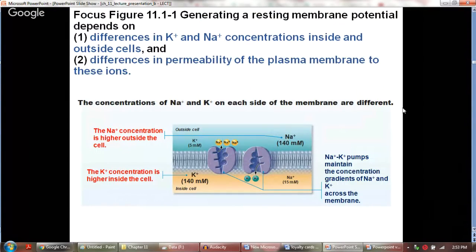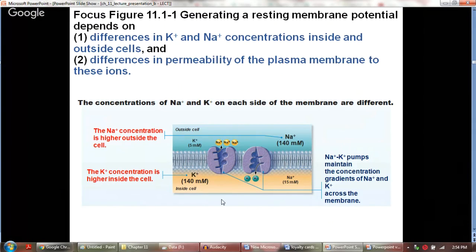So let's look at the step-by-step process of generating a resting membrane potential. The resting membrane potential depends on the differences in the potassium and sodium ion concentrations inside and outside of the cell, and the differences in the permeability of the plasma membrane to these ions.